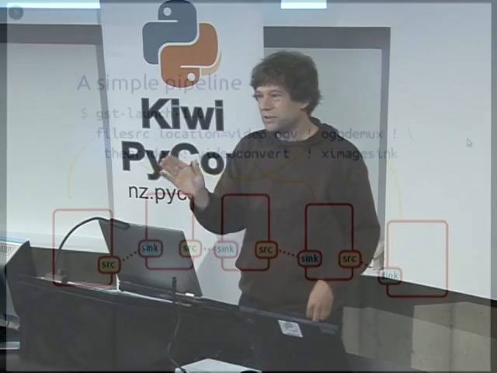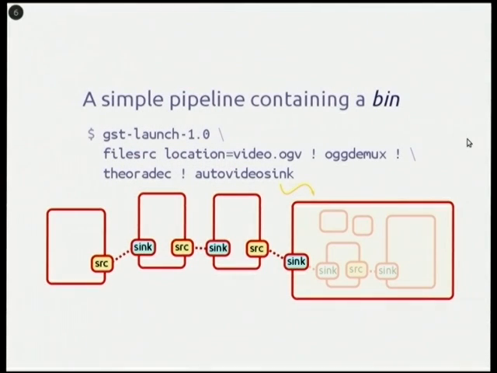This is fragile, like the ximagesink only works on X11, and even then not very well. So there's a concept called a bin in Gstreamer, which is like a wrapper around a set of elements.